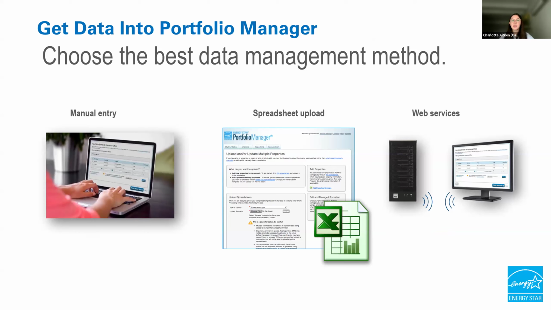Spreadsheet uploads, I'd like to say, are an advanced Portfolio Manager method, just because they're very powerful and can override existing data if you don't use them correctly. And then the third way is to work with third-party providers that exchange data directly with Portfolio Manager. That could be a utility, it could be an energy management company. There's a couple options there.